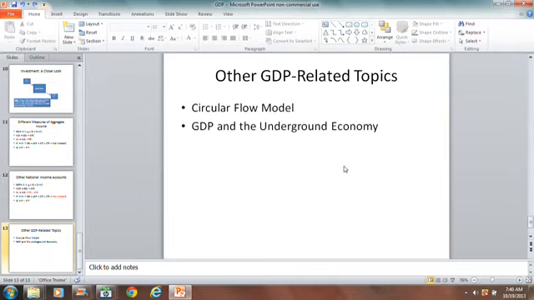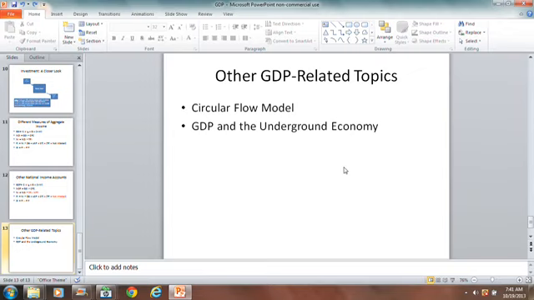Last thing I want to mention very briefly is the connection between GDP and the underground economy. The GDP process is trying to identify the production of new goods and services during some time period. So it's trying to track quantities of goods and services to assess growth.